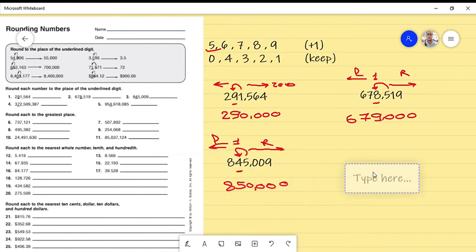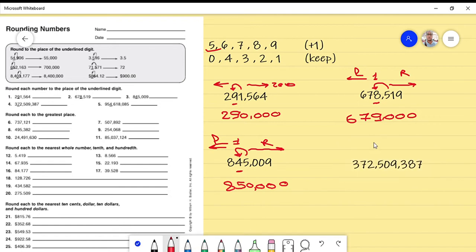Let's move to another question. Here is 372,509,387. The underlined digit is 7.